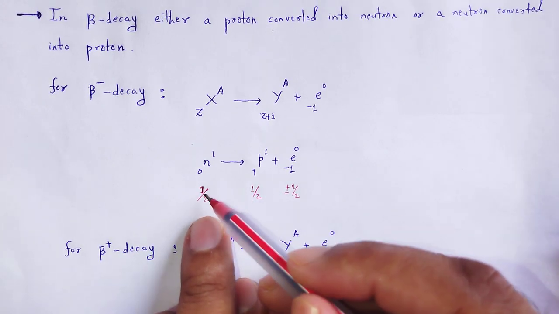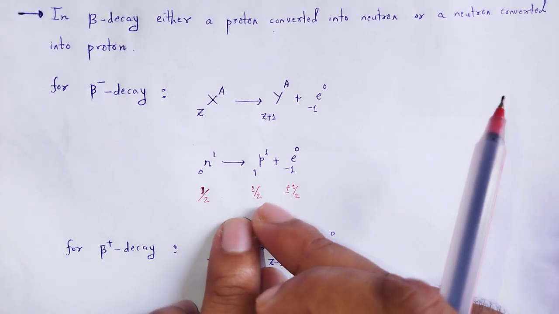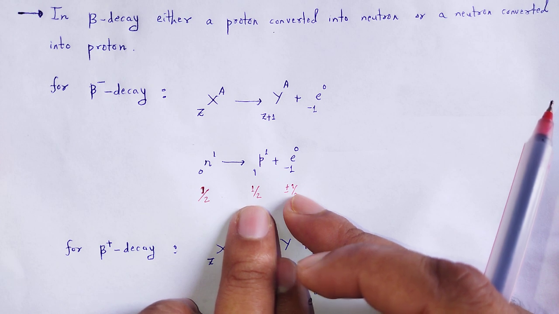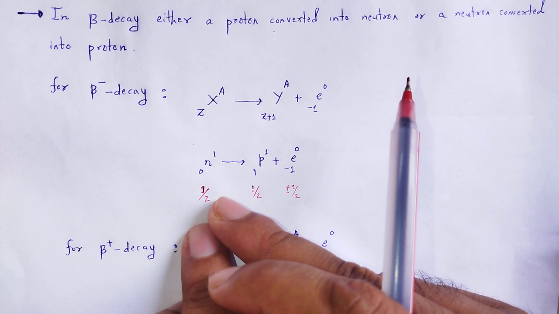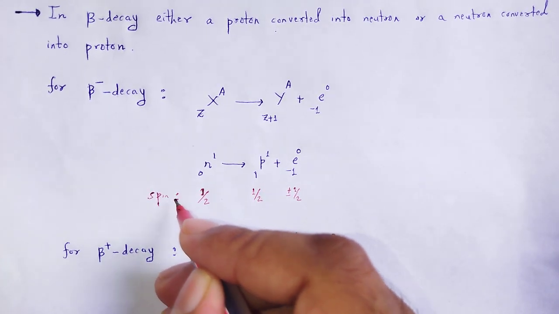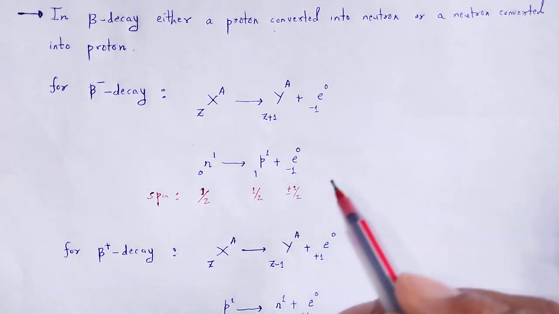Therefore, that is half spin, and the spin of the other side is either 1 or 0. Therefore, it violates the conservation of spin. The spin is not conserved during the beta decay process.